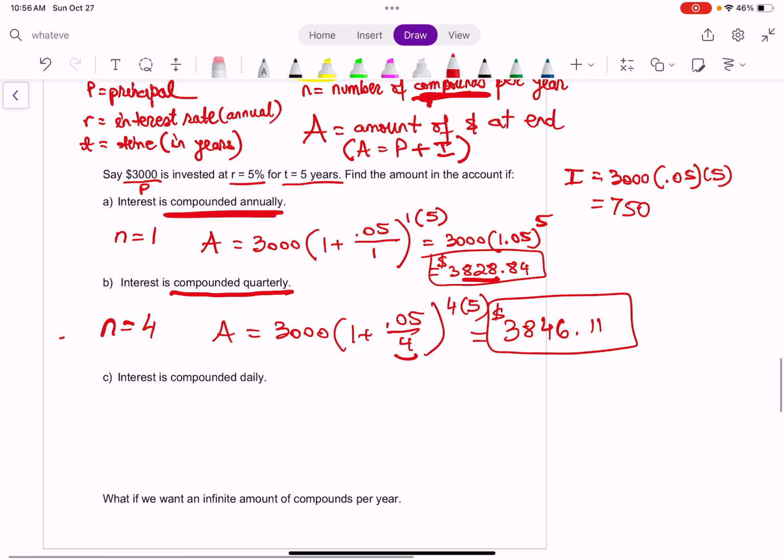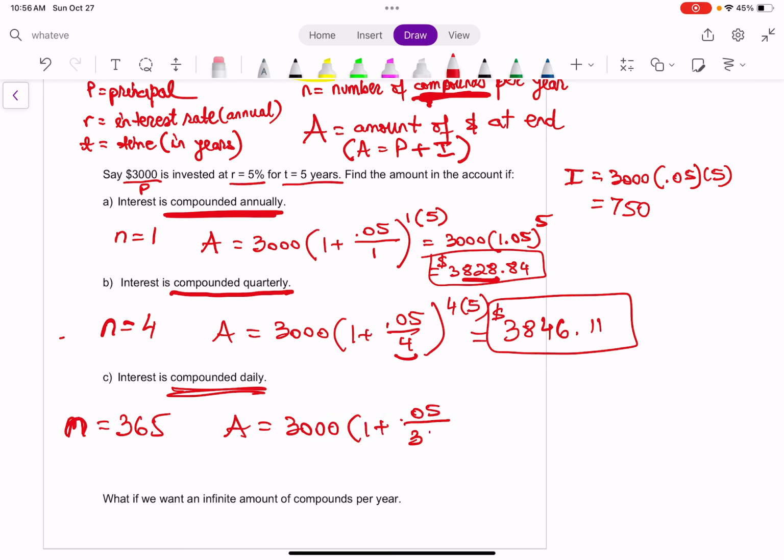Okay, and here is one more, compounded daily. Fine, daily means n is 365 times a year because there's 365 days in a year. So we'll put the same thing in our calculators, but this time n is 365. So let's see how much more money we would get.